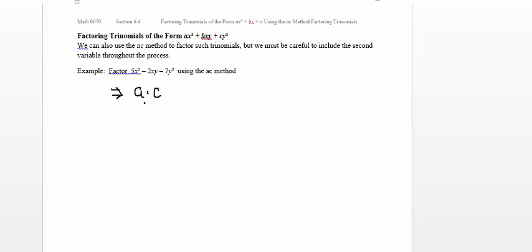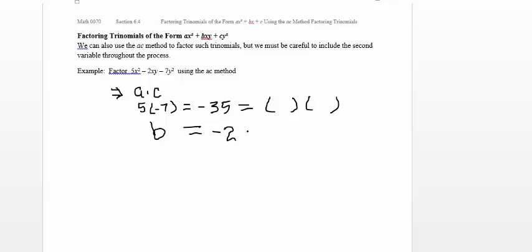A times C is 5 times negative 7, which is negative 35. And I'm looking for two numbers that multiply to give that. And those same two integers, they actually have to be integers, have to add to give B.